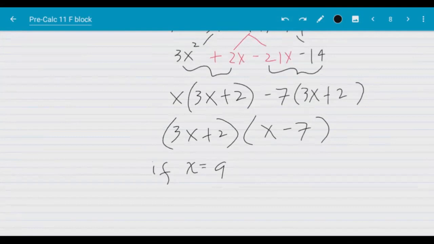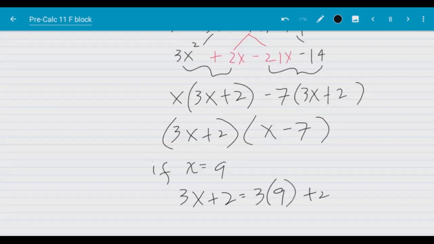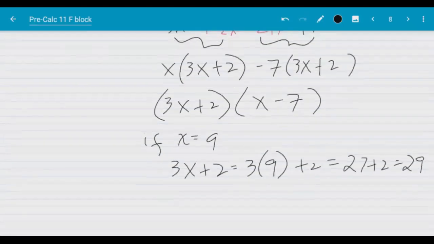All right, so let's do it one at a time. If x equals 9, 3x plus 2 becomes what? 3 times 9 plus 2, and that would be 27 plus 2, and that would be 29. All right, so we have one value. What about if x is equal to 9 and we plug it into x minus 7, right?